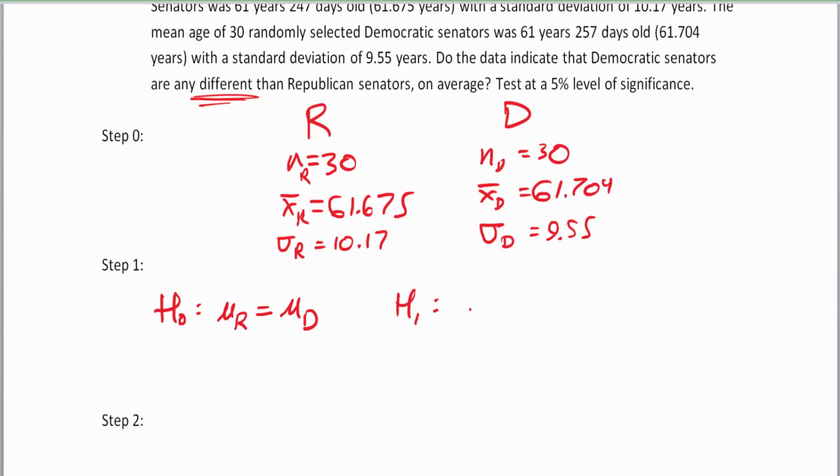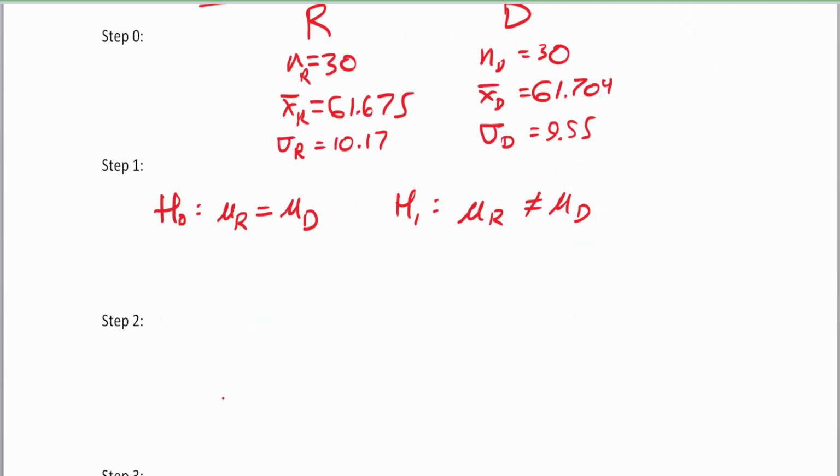So H sub 1, we're going to look at mu sub R is not equal to mu sub D. Now, step two, although it doesn't say assume normality, we can do so if our n sub 1 plus n sub 2 is greater than or equal to 30, which it is, because 30 plus 30 is greater than or equal to 60, so we can assume normality.